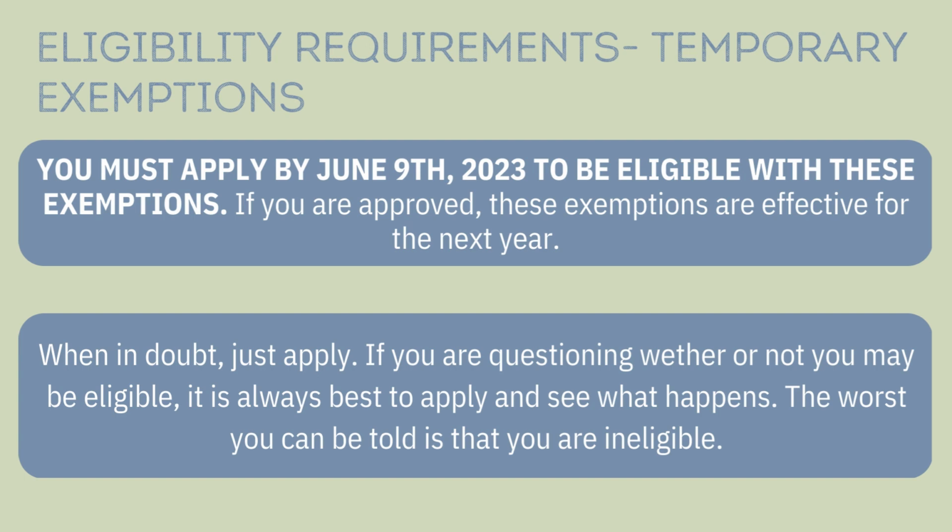But there's a lot of times where people think that they're not going to be eligible or not be approved, and then they end up really surprised when they went through an application process and were approved. So there are a lot of success stories. Please apply. The worst that can happen is that you're told no. So make sure, again, June 9th, get that in by June 9th if you can, for those COVID exemptions to be in effect still.